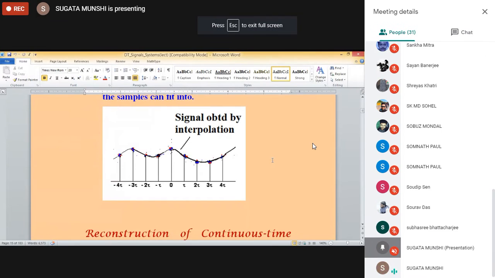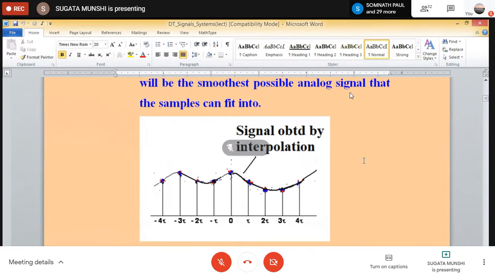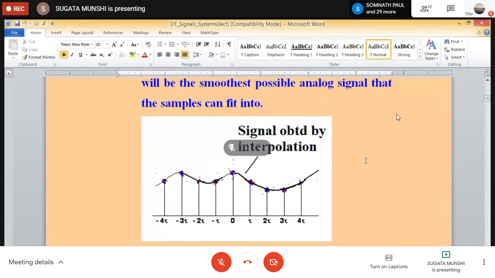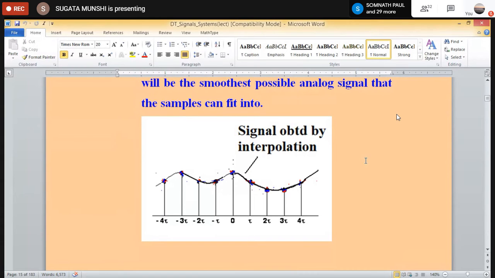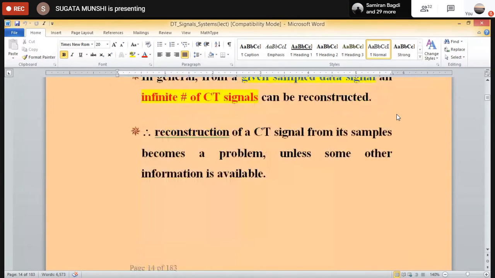So that is the problem. Therefore, it is imperative that we should put some restriction on the sampling frequency. Why could the other signals not be constructed from the sampled data signal?